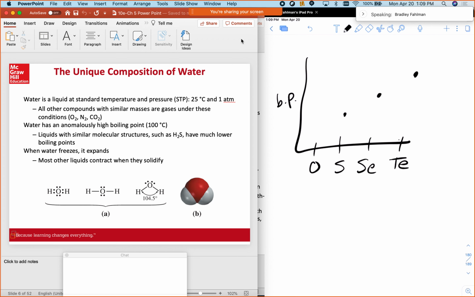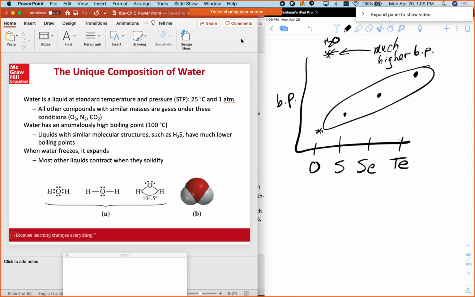So you would expect H2O to be actually down here, much lower, but it's actually up here for H2O. And so it has a much higher boiling point than any of the others in that same group. Okay, so these would be like H2S.